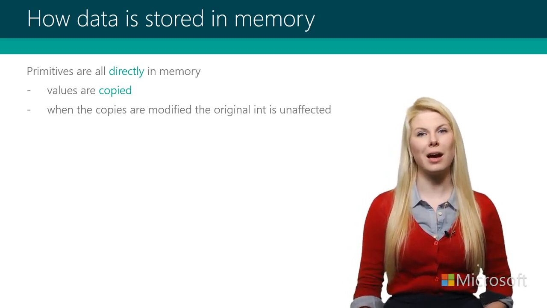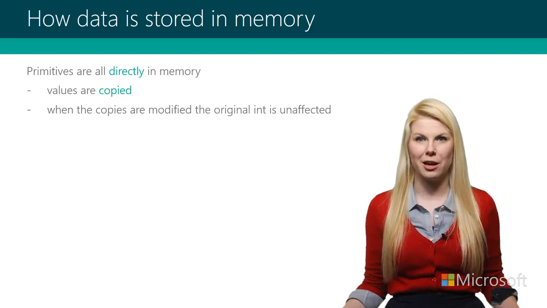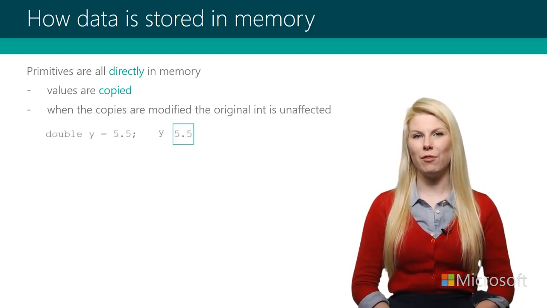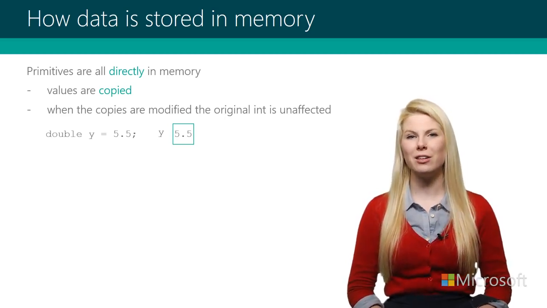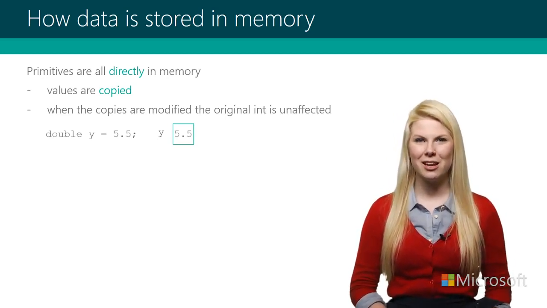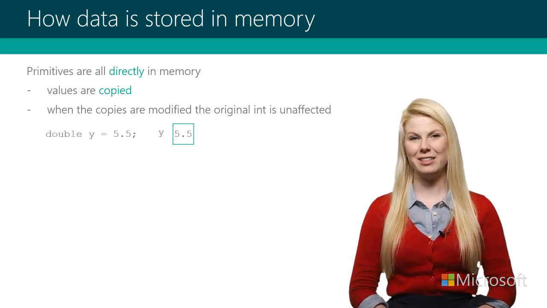So if you make a copy of a primitive variable and then change that copy later on, the original doesn't care. Let's imagine we create a new double variable called y, and we store in it the number 5.5. You might visualize that as a little box in memory with the name y and then the value 5.5 inside of it.